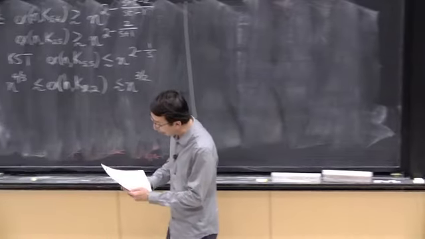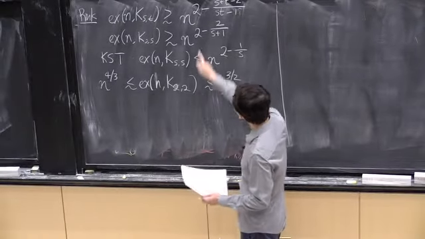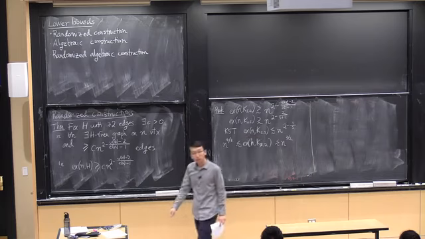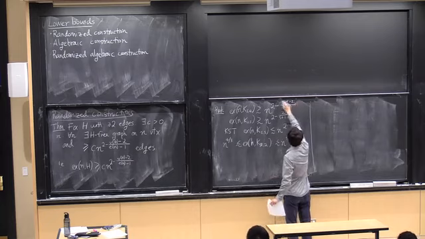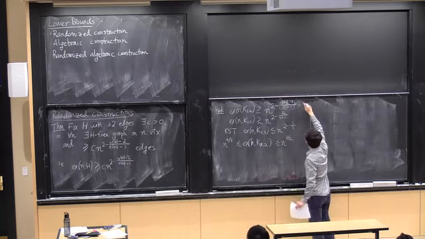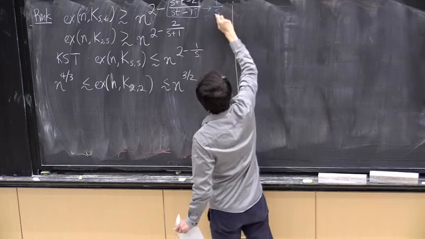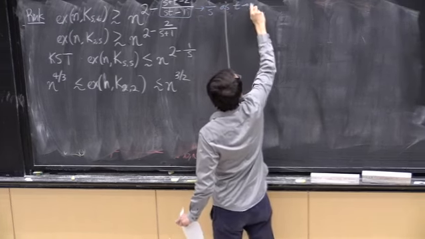On the other hand, I want you to notice that if t gets very large as a function of s, this exponent here approaches 1 over s as t goes to infinity.